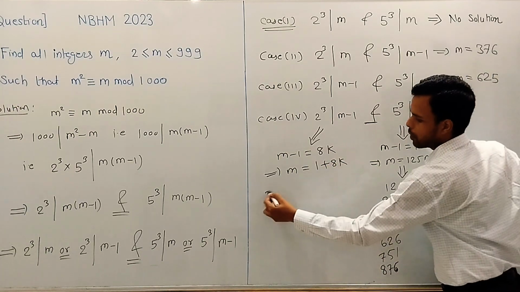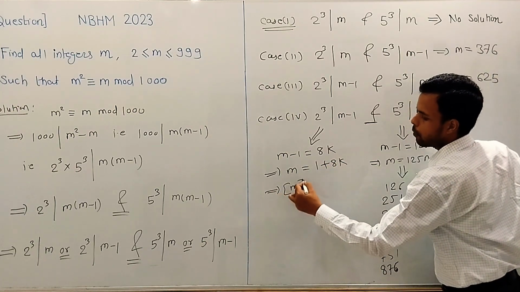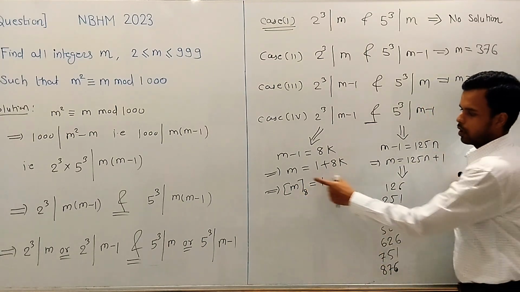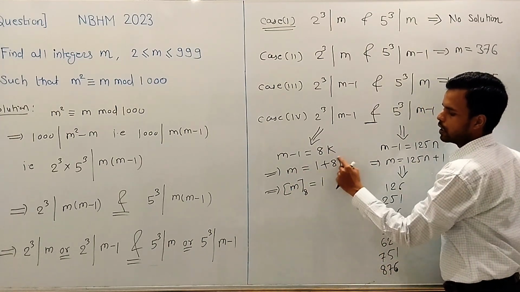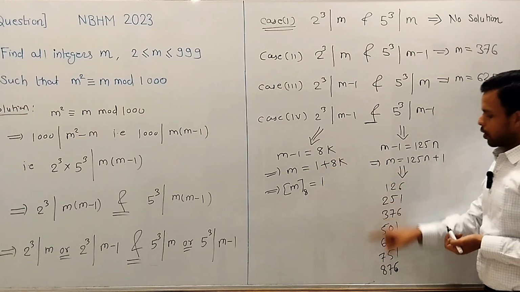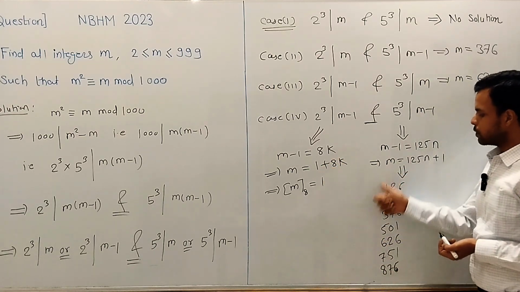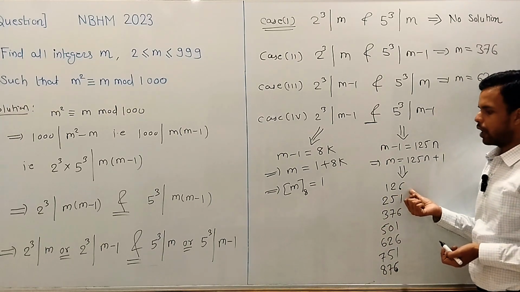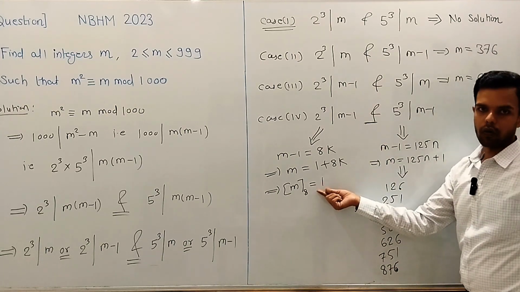That implies when you consider m modulo 8, the remainder will be 1. So you have to verify which of these values satisfy this condition. Just consider modulo 8 and check whether it is equal to 1 or not.